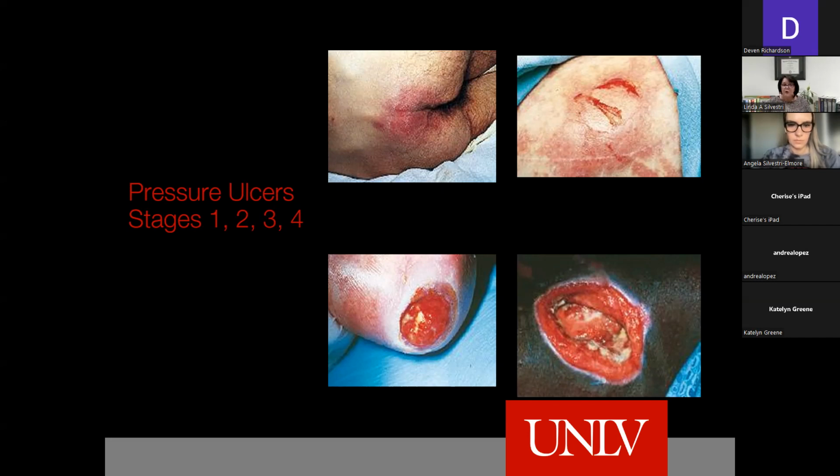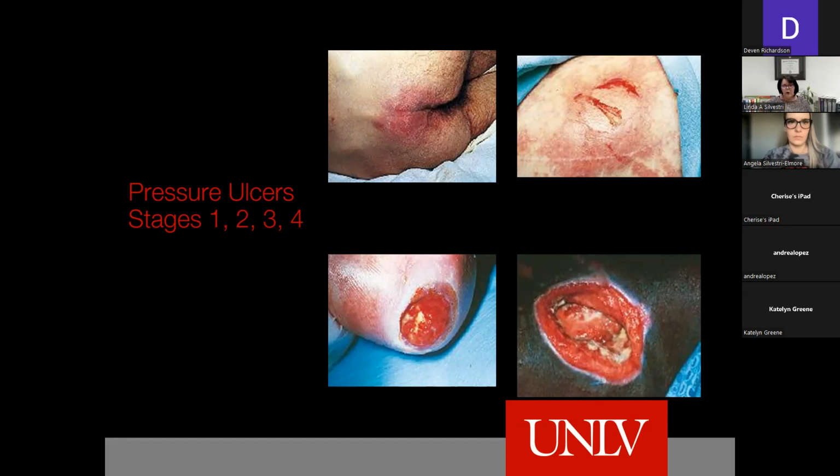We have a lot of tools out there for us as nurses that we use when a client is admitted to an agency or whatever, for assessment of pressure injuries and also for their risk for falls. So we need to use those tools. We need to identify the clients who are at risk, and we need to immediately put measures into place to prevent any of these awful pressure injuries.